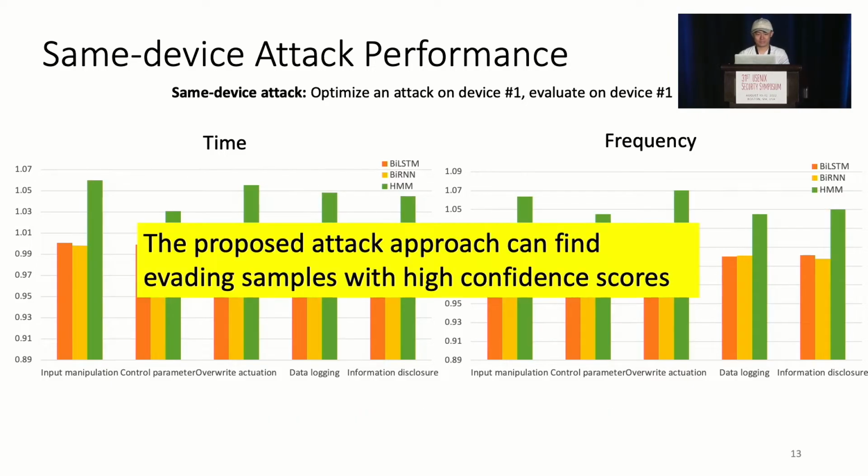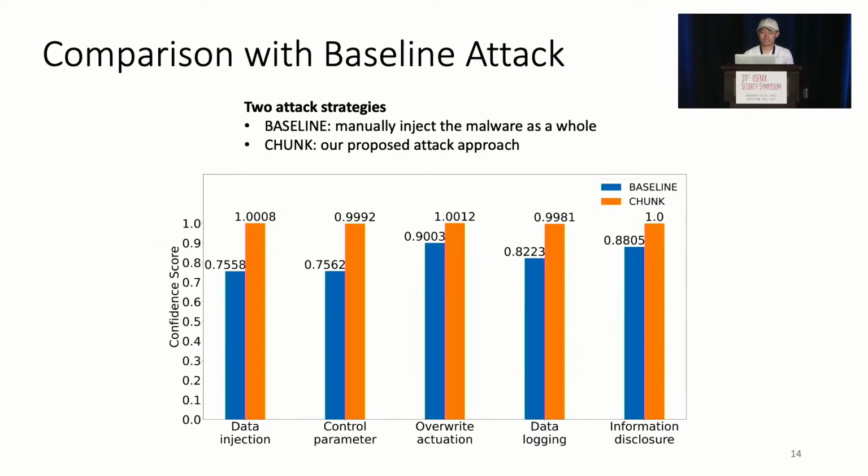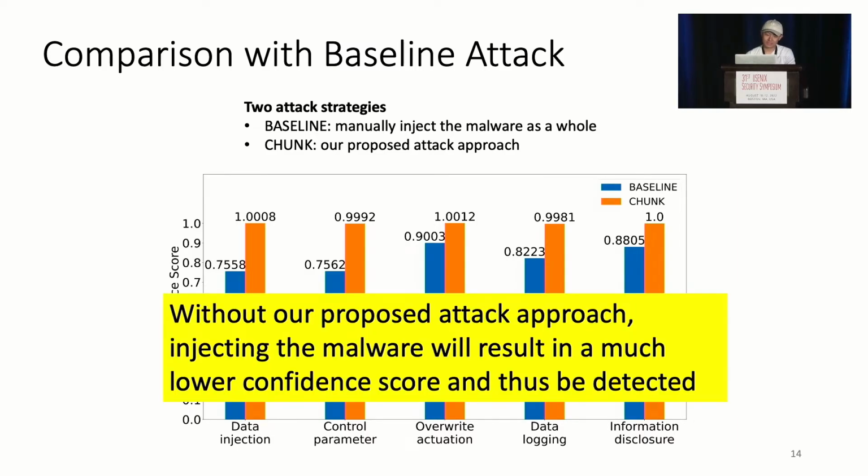This means that the proposed attack can find evading samples with high confidence score. We compared our attack with a baseline attack. In the baseline strategy, we just manually injected the malware as a whole into the program. It can be seen from the table that without our proposed optimization approach, injecting the malware will result in much lower confidence scores and that will be detected.